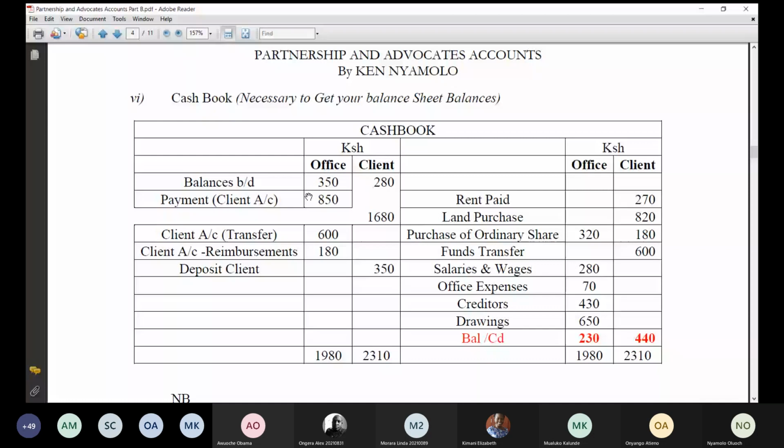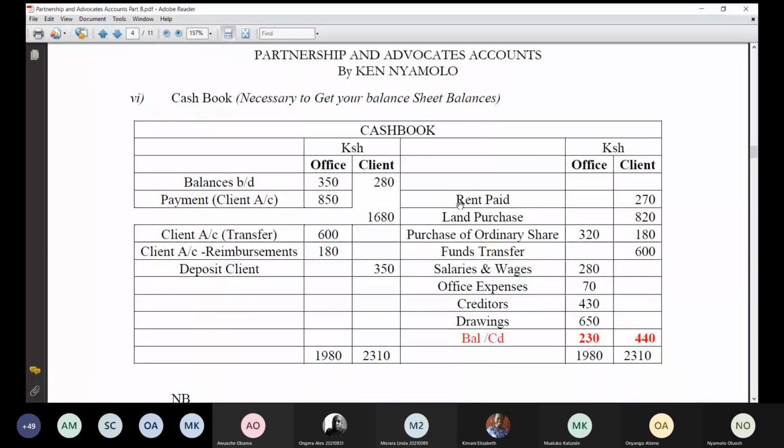There's the cash book, and the cash book has the debit side and the credit side. The credit side has a column for office and a column for client.